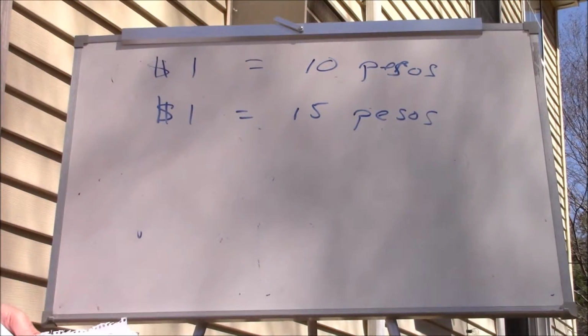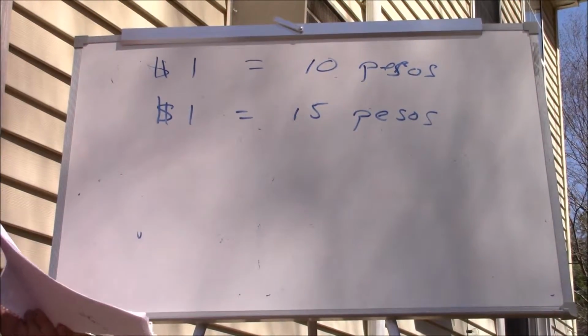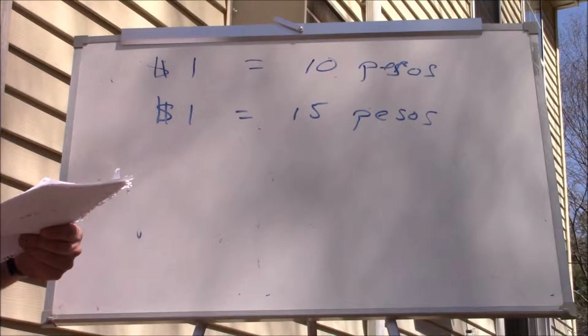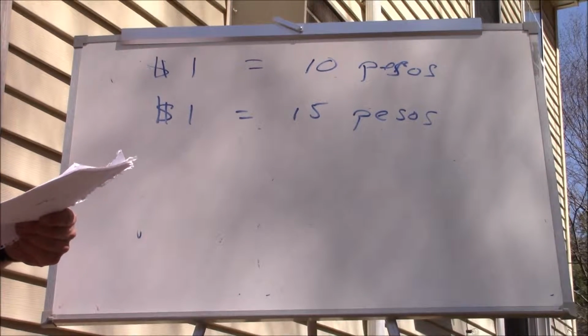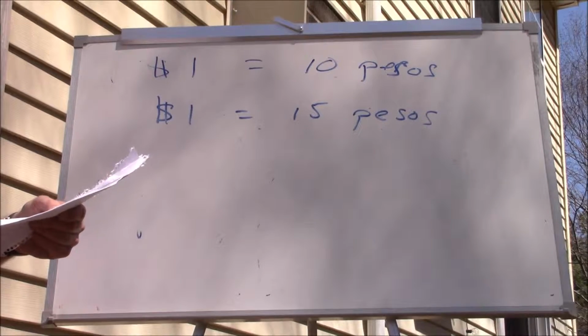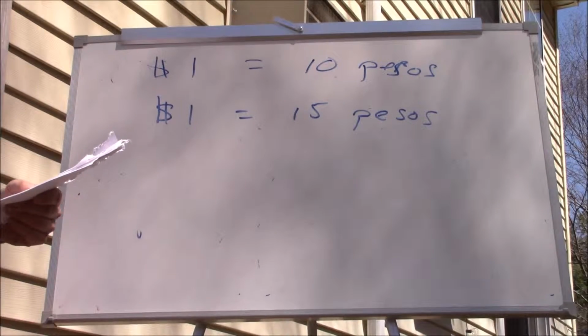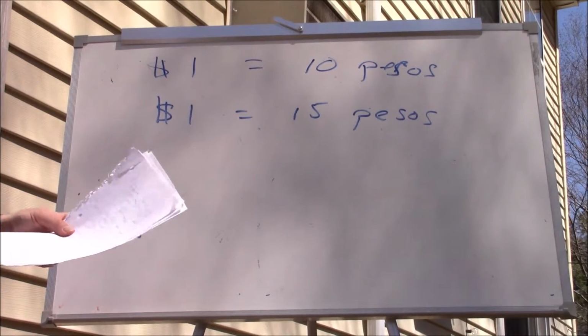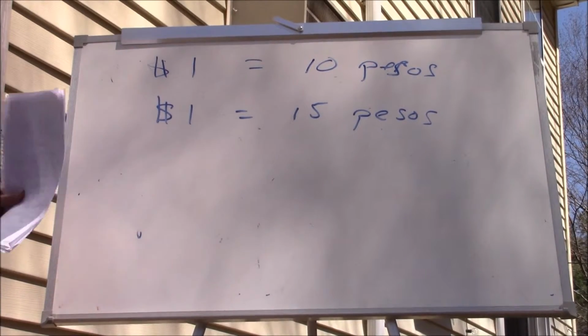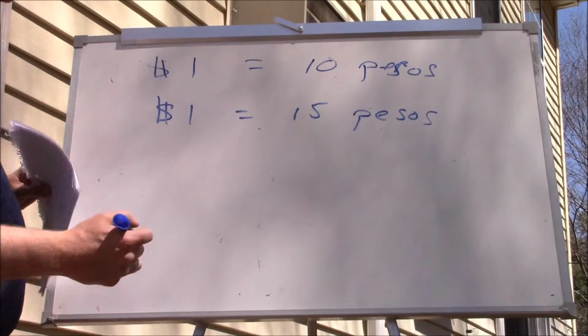So we would say nominally that the dollar has appreciated and the peso has depreciated. But suppose at the same time, the price of everything in Mexico measured in pesos rose by 50%. So that means that the Mexican price index, say it rose from 100 to 150.